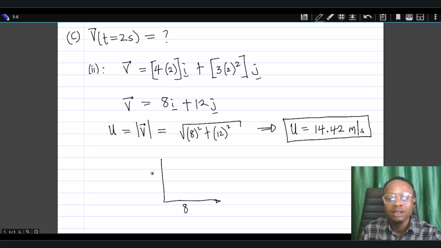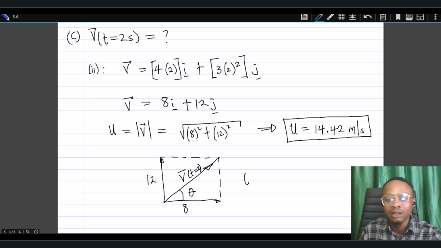This is our y direction, the component here is 12. So the velocity vector will be directed this way because it will be the vector sum of these two. It's directed like this, and this is our velocity vector v at t equals 2 seconds. With that, you can get the angle that it makes with the y-axis, we call it theta.